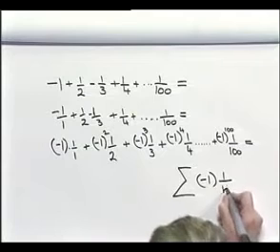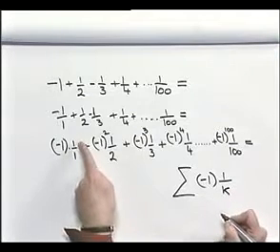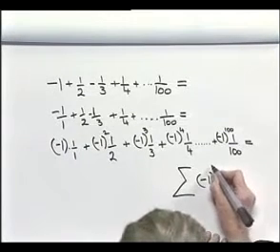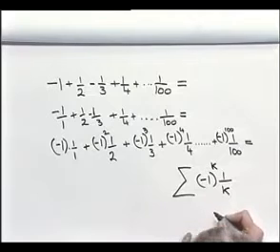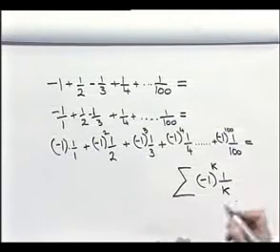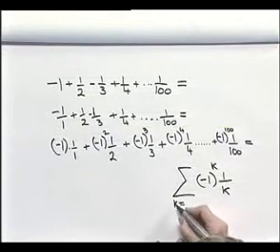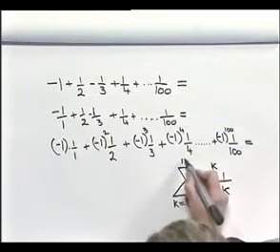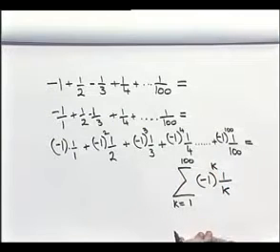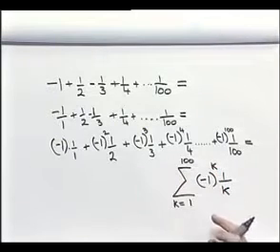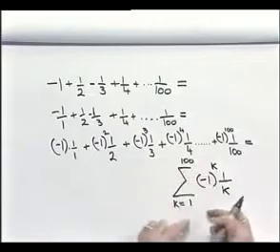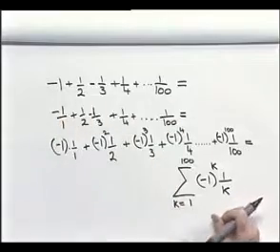So we'll say that our fraction is 1 over k, because we start with k equal 1, and we raise -1 to the power of k. And to complete our sigma notation for this long sum, we start with the lower limit of k equal 1 and the upper limit k equal 100. So you can easily see that this notation is very concise and a really lovely way of writing that big long sum.